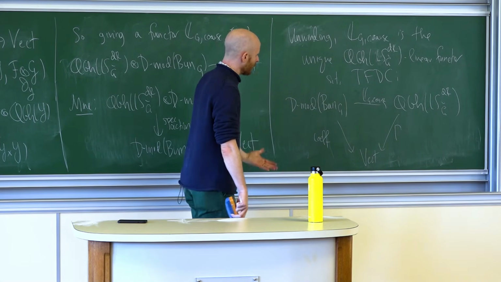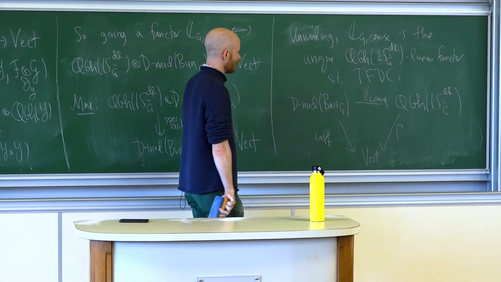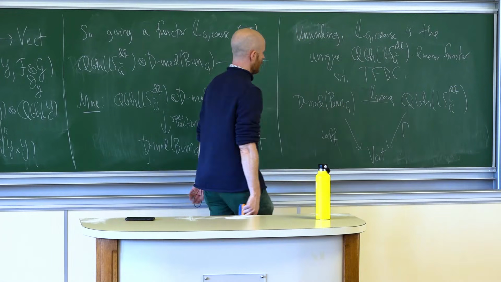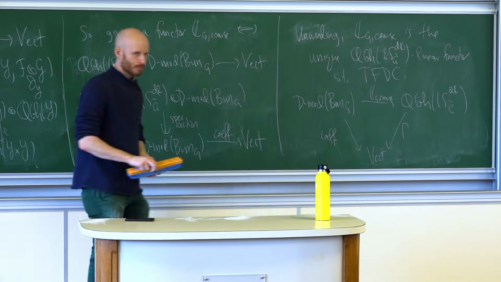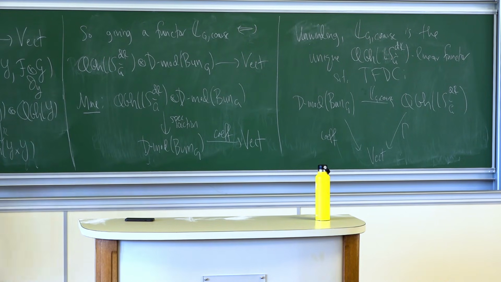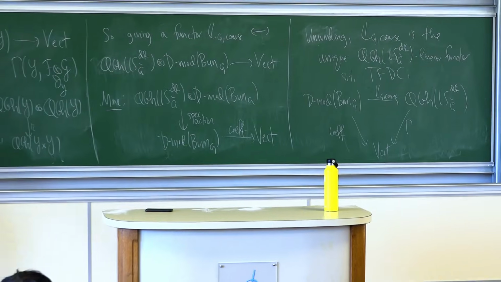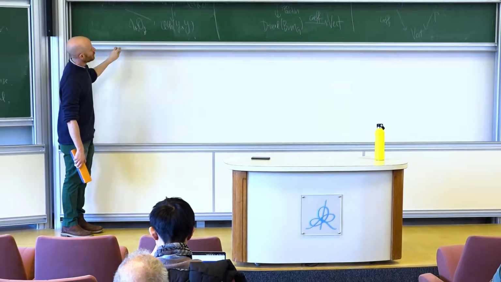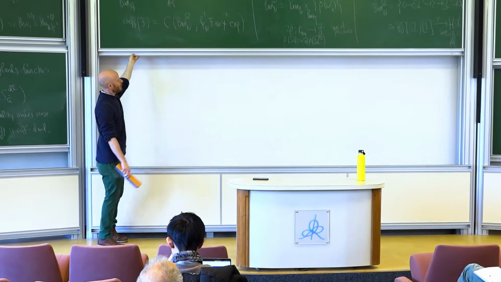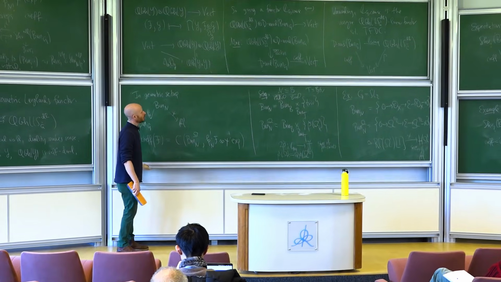It's exactly the data of a coarse functor like this. There was this spectral action, and then there was this functor, and then it uniquely lifts. And if you think about QCoh as not that different from IndCoh, which I encourage you generally to do, then we're almost there.